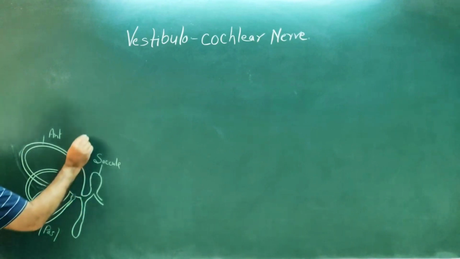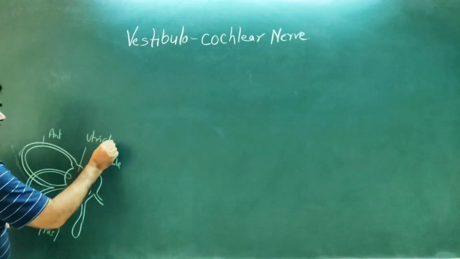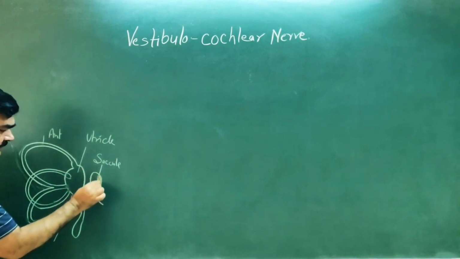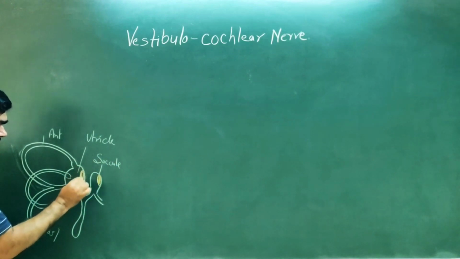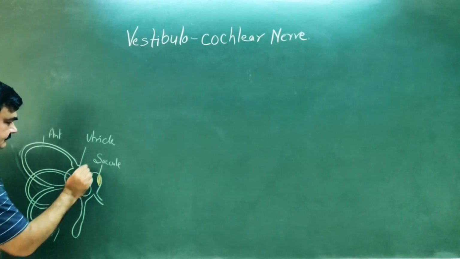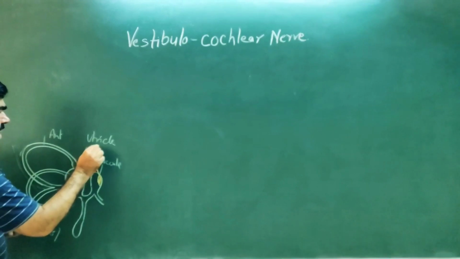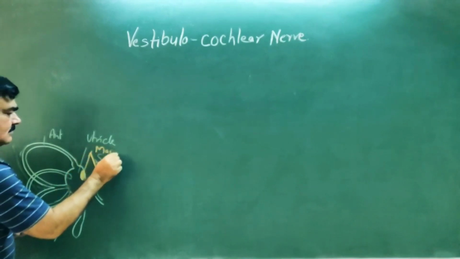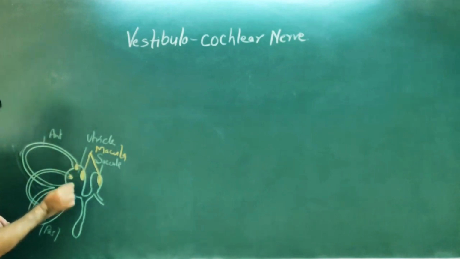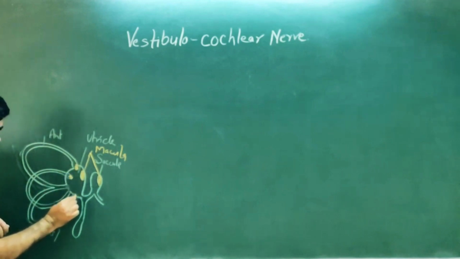This is utricle. And in utricle and saccule, here is macula. And here, ampullary crest is present.